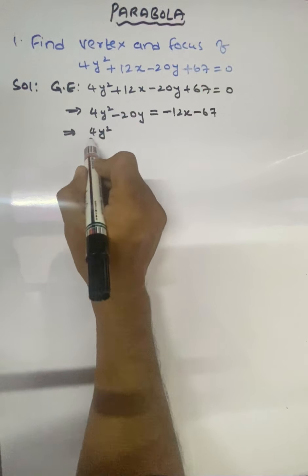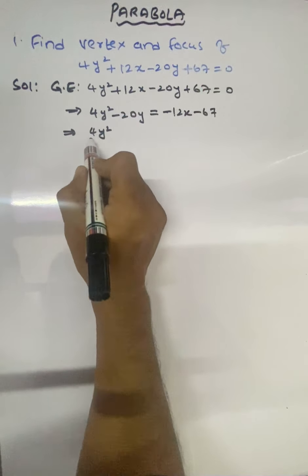I am taking a square as y square, then 5 by 2 is b square. So 2ab means 2 into y into 5 by 2, that is 5y. In this way, this is a minus b whole square. Now here we have minus 3x, then minus 67 by 4 plus 25 by 4.